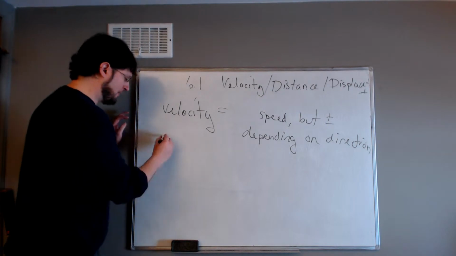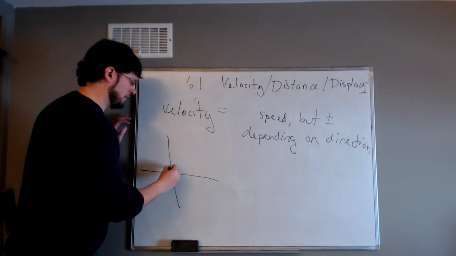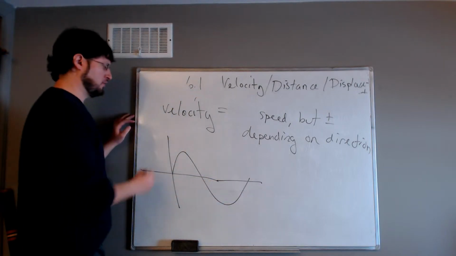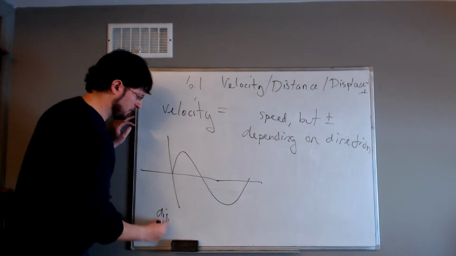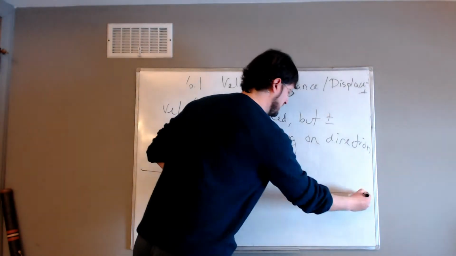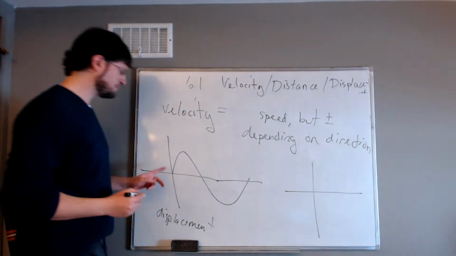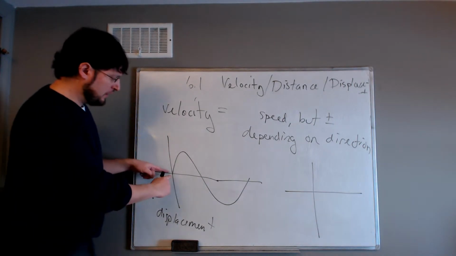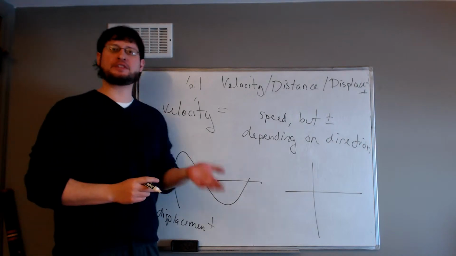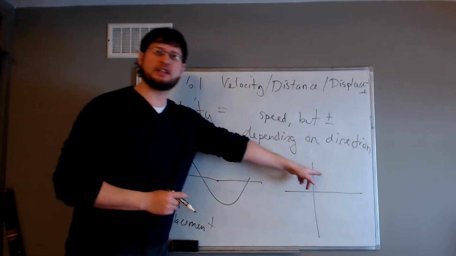So for the graph that we started with, something that looked like this. And if this was displacement, what would the corresponding speed graph look like, or velocity graph look like? Well, over here, it moved to the right, so which means that its velocity is positive. So my velocity is going to be positive.